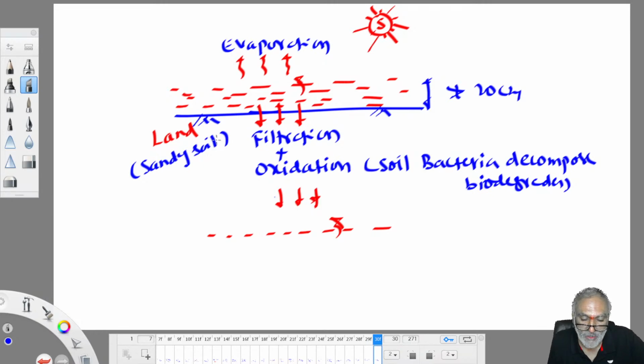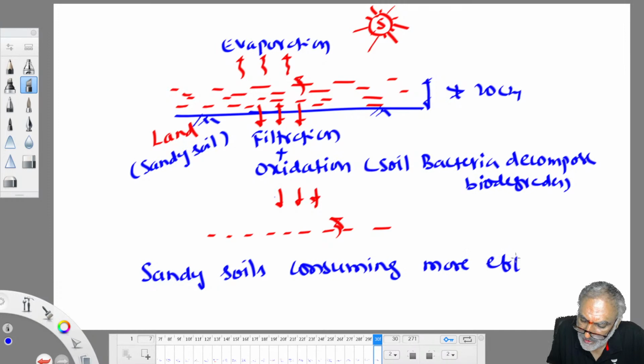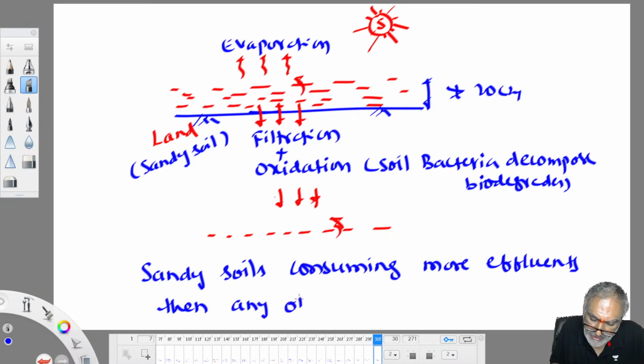Where land is capable of absorbing or consuming waste, sandy soils consume more waste, more effluents, than any other type of soil. Therefore, sandy soils are the best for disposal.